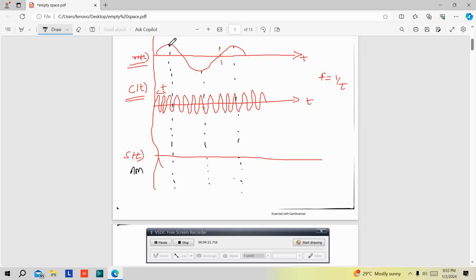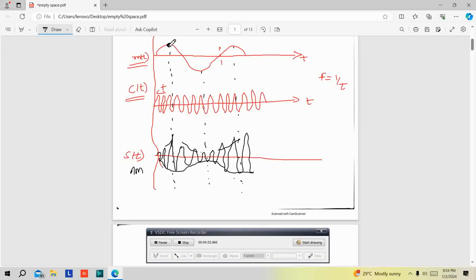Whenever the message signal amplitude is high, we get a high amplitude here, like this. Whenever it is low, you get a very low amplitude, like this. It is not possible to draw properly, but it is like this.